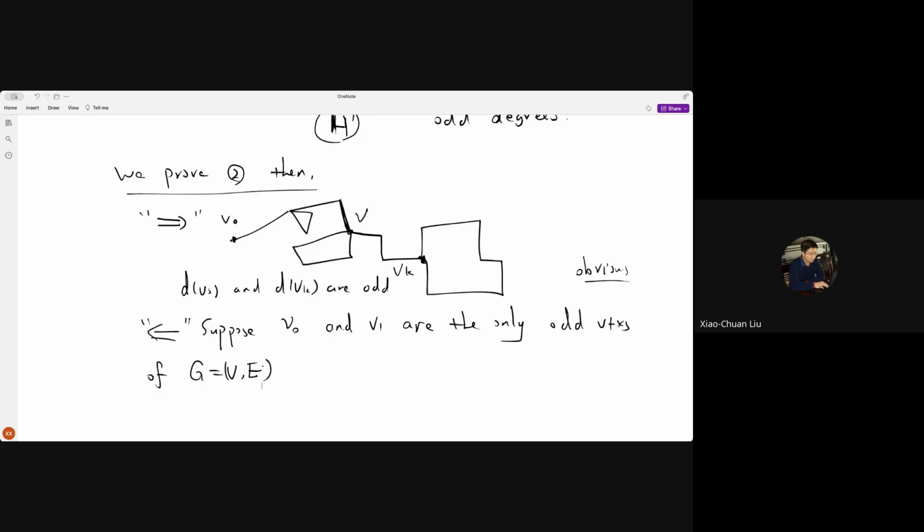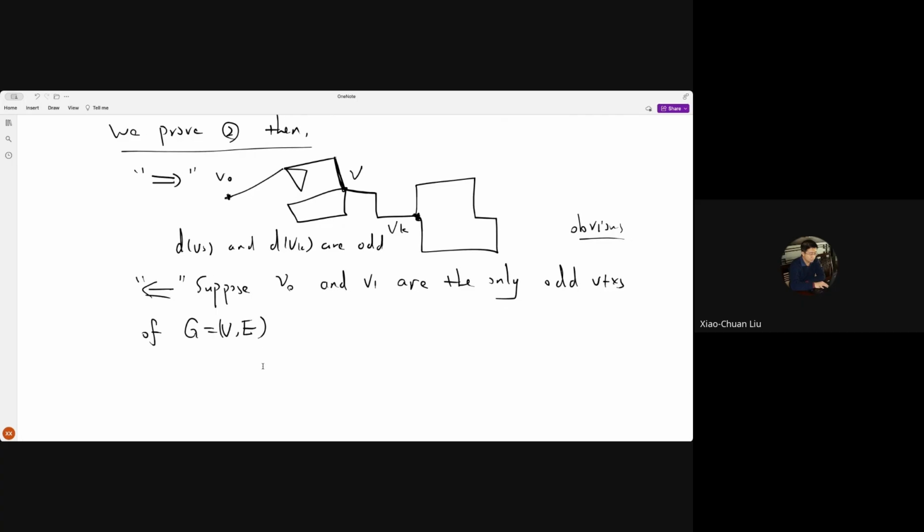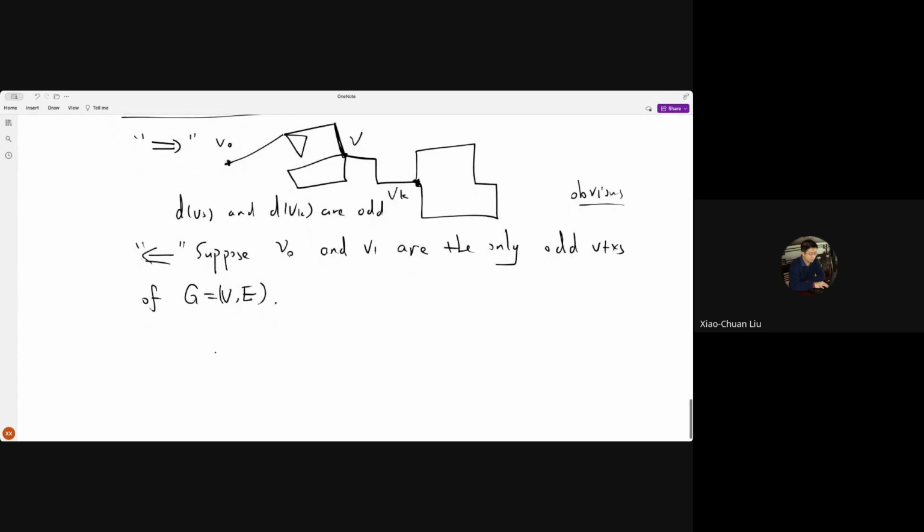And we are trying to find a trial which visits everything, which will pass through all the edges. Okay. So the idea is the following. We try to find a trial as long as possible.